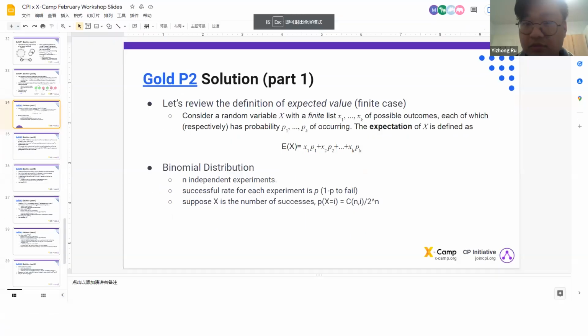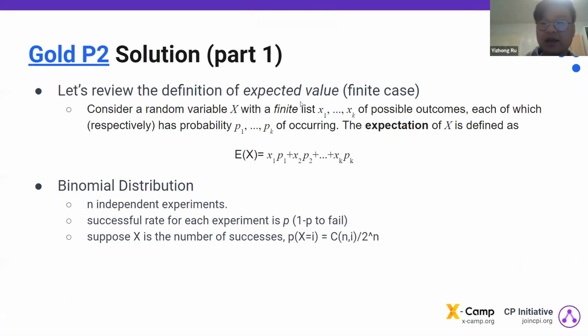Okay, so I'm Yizhong, and nice to meet you. Today I'm going to share my solution about the second problem of gold. First, let's review the definition of the expected value, which is about this problem.